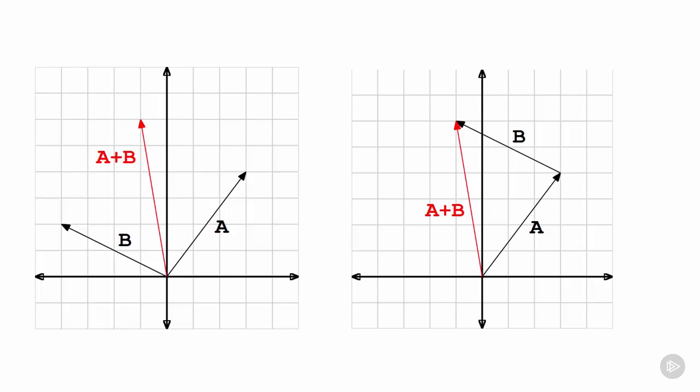So we're just going to have a quick look at the way we can add these vectors together. So on the left-hand side, we have 3 vectors. We have A here, sorry, B here, and A here. And as you can see, these vectors are relative to the origin. And then when we add A and B together, we're getting this red vector, this new vector here.